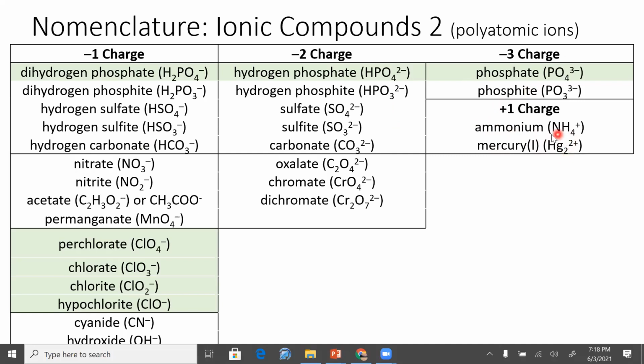The overall charge on this polyatomic ion is plus 2. We're going to call it mercury 1 though, because if we've got 2 mercury atoms with an overall charge of +2, one of them would have a charge of +1. So that's where this 1 comes from. It doesn't exist that way though. It exists as a polyatomic ion.